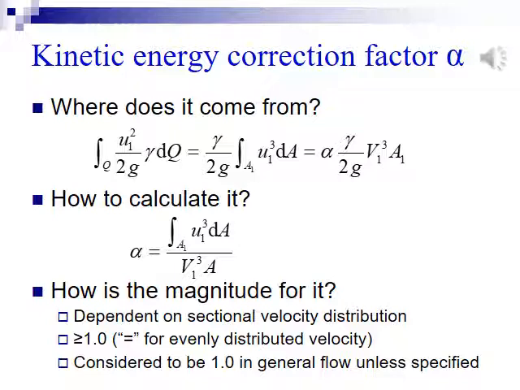On a discharge cross-section, the greater the velocity difference, or the more uneven the velocity distribution, the greater its value. If the velocity is evenly distributed on the section, alpha is equal to 1. Well, in our study, for GVF sections, we take its value to be 1.